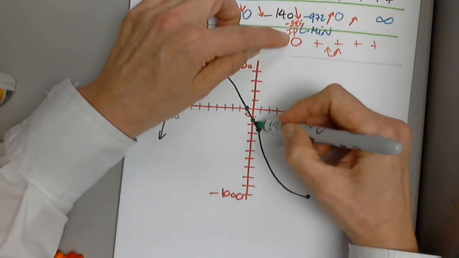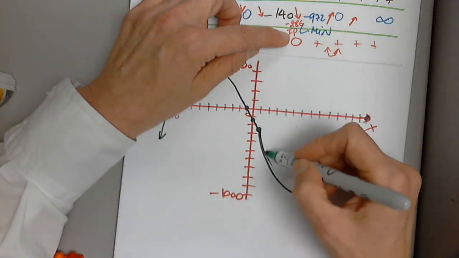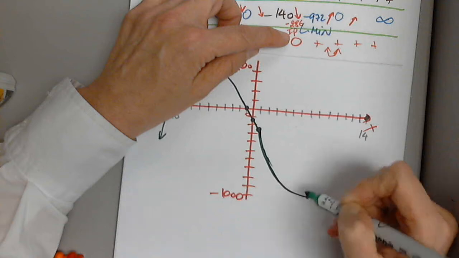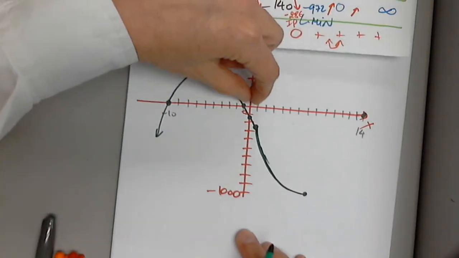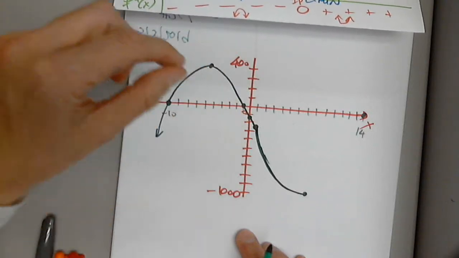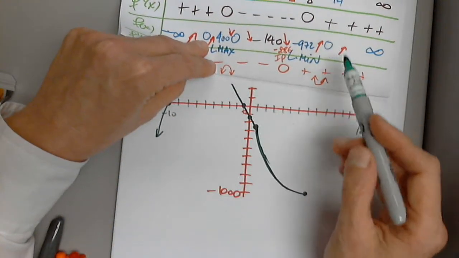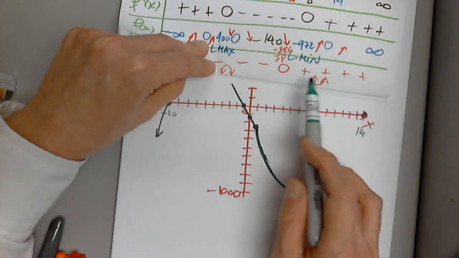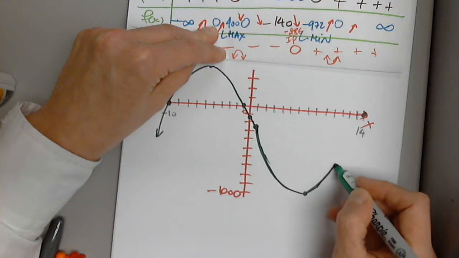It shouldn't be that pronounced, but as you know, I have a sort of weird unit. I have 1 here, but 100 here. Okay, finally, it crosses the x-axis at 14, 0, still increasing, going to infinity, opening upward.